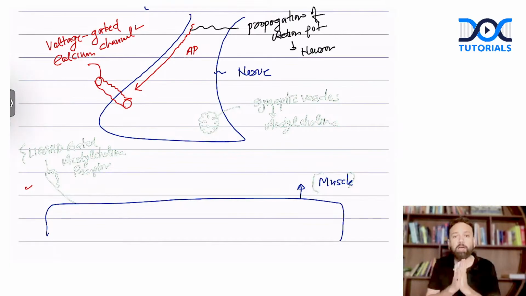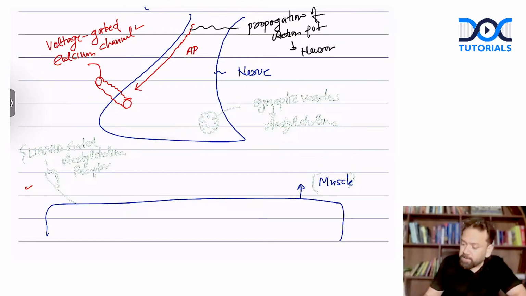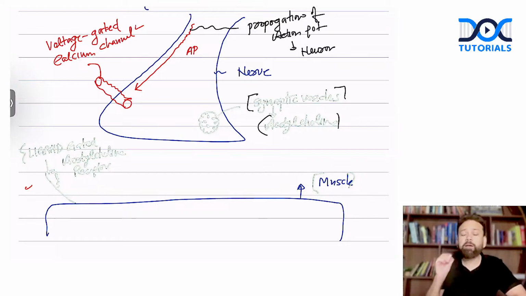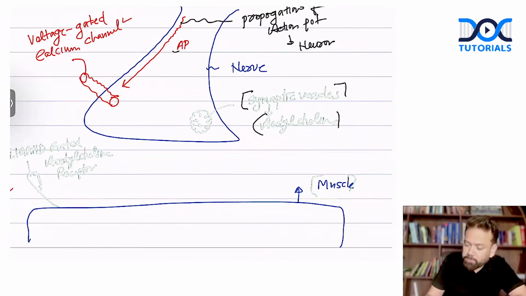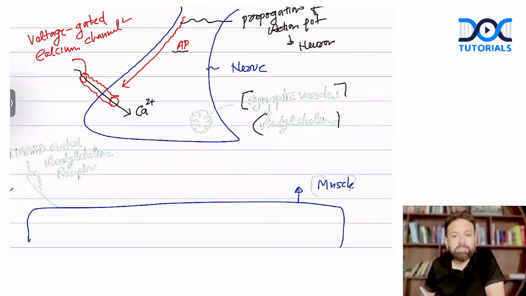So how is this going to happen? For that, we have synaptic vesicles, which are embedded with acetylcholine. We have voltage gated calcium channels. Those are going to open only when there is an action potential. So as the action potential dips down at the end of the neuron, what will come inside now? Calcium ions start coming inside.